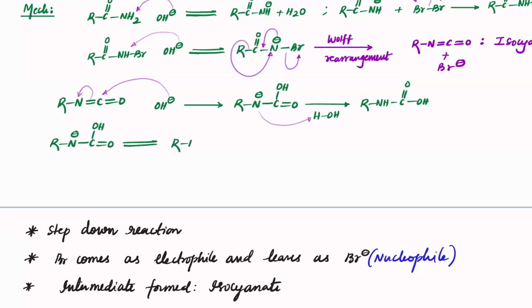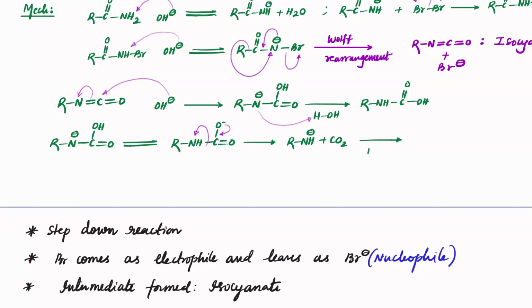That is R, N, H with C, O minus and double bond O. And this would make a very stable molecule, which is carbon dioxide. So nitrogen would get this as NH minus. So we'll get R, NH minus and CO2.